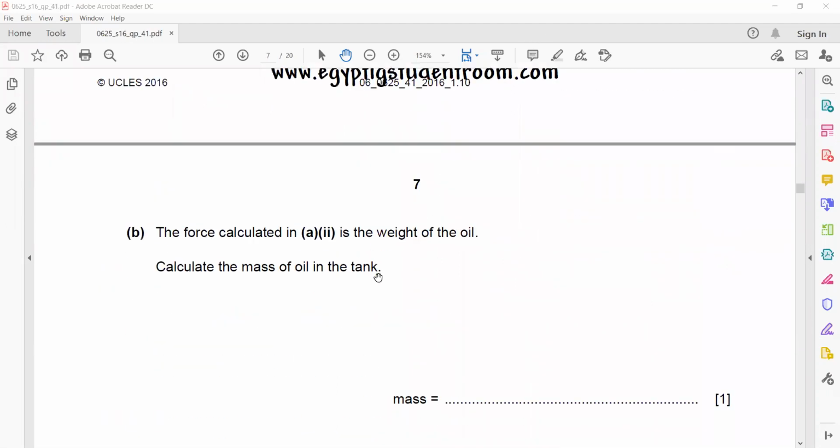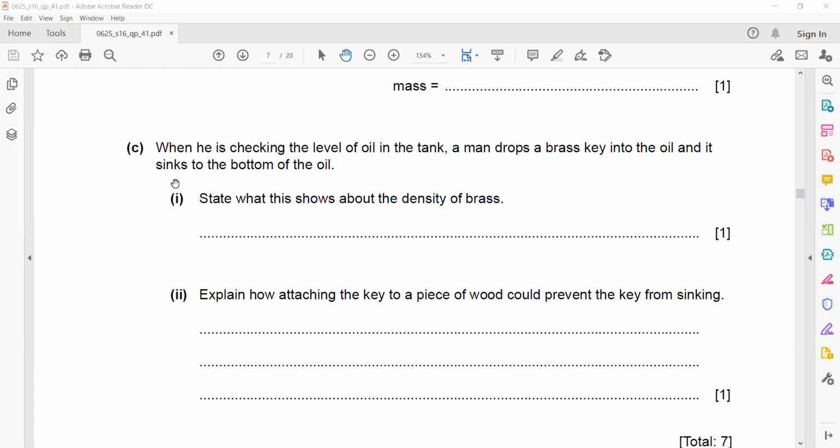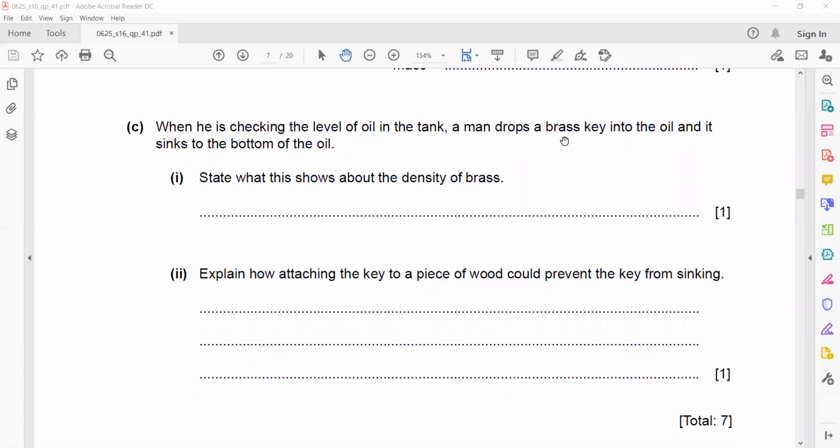You can say that the density of the brass is more than the density of the oil. That's why it sinks.